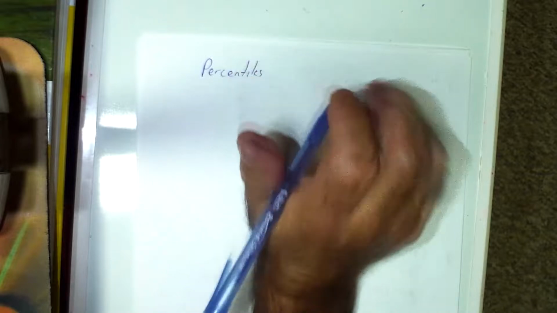They give you a whole envelope with a whole bunch of papers, and you're like, how do you read it? What does that tell you? Well, when you take standardized tests, you are being compared to all the other students that took the test. They want to see where you rank in comparison to the other students. That's what percentiles measure.